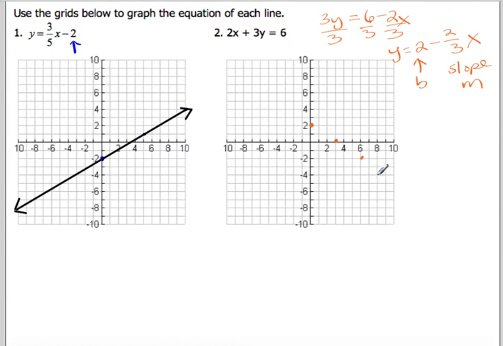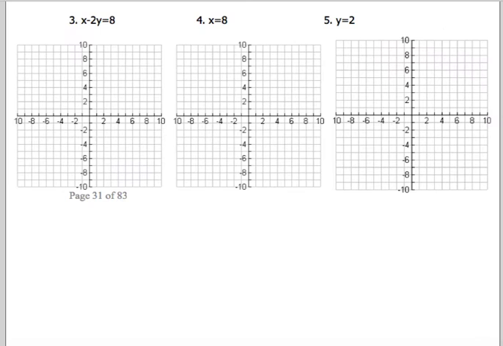And it should look like it's falling as you go left to right because it has a negative slope, and it does. And then connect and use a straight edge to draw your line. Put arrows on the ends of it. There we go. There's 2.